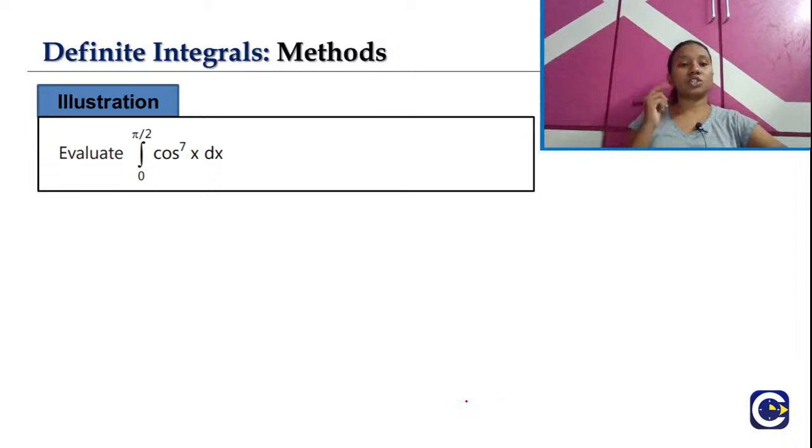Quickly, what are the steps we have to look into before applying our Wallis formula? We have to check the limits, whether they are 0 to pi by 2 or not. Next we have to check the function. It can be either sin power nx or cos power nx. Then we have to check the n value, whether it's even or odd.